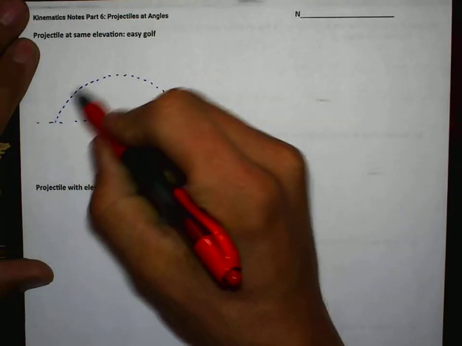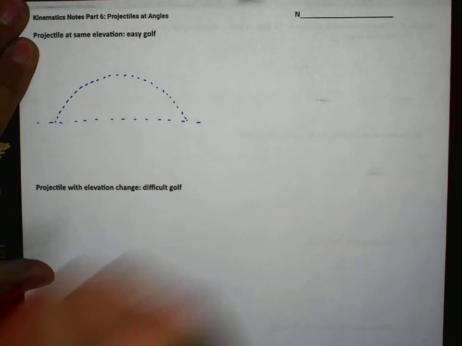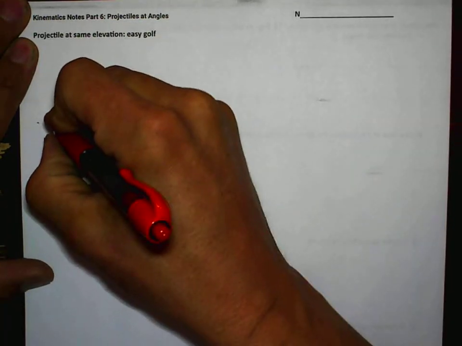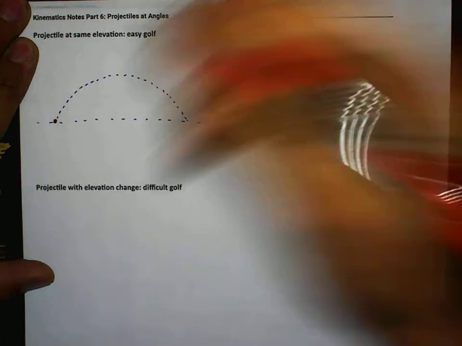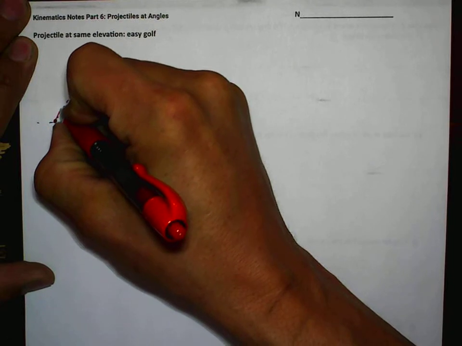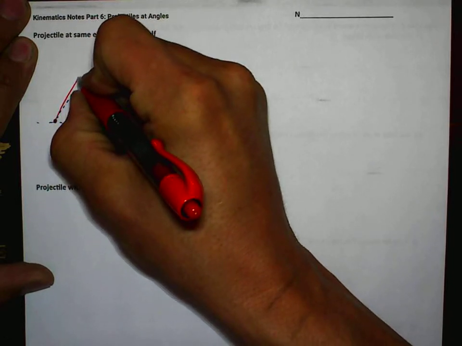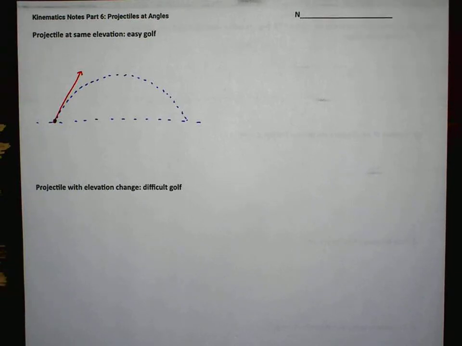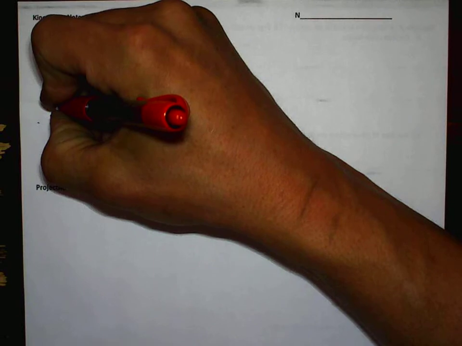At launch, we're going to draw the velocity vector, which is going to be tangent to that path at that point. It's going to have some velocity, and it'll be called different things in different textbooks. I'm going to call it VT or V total.